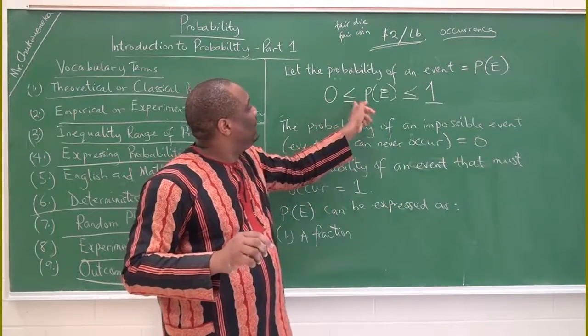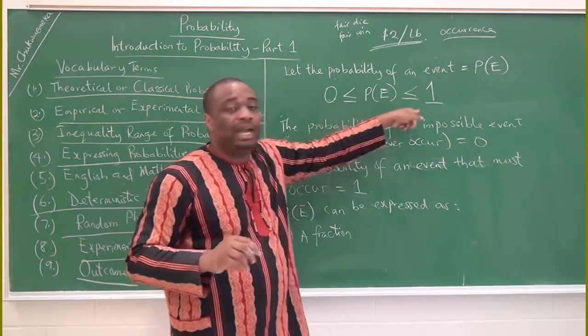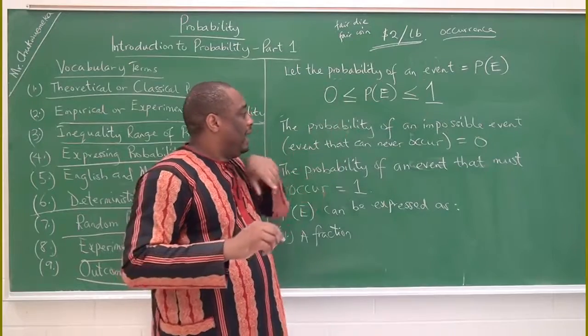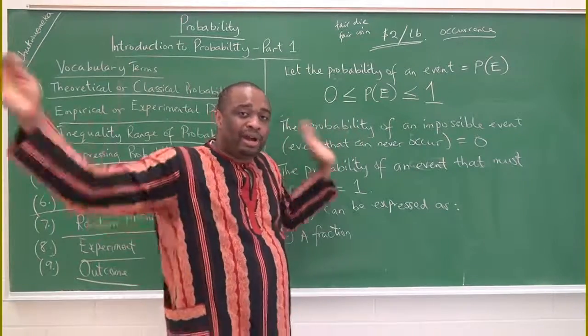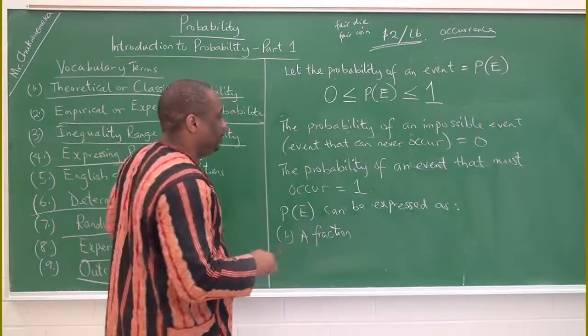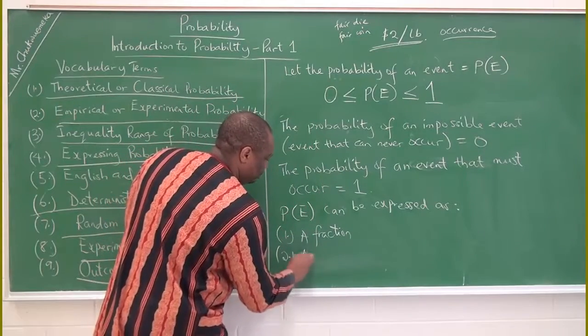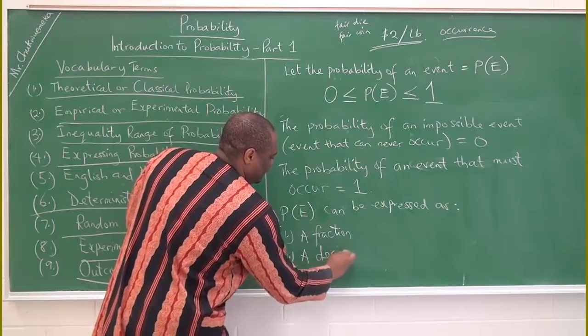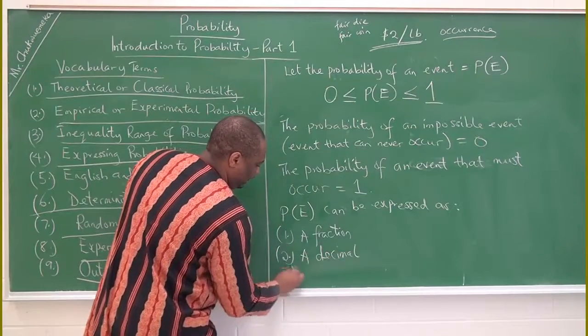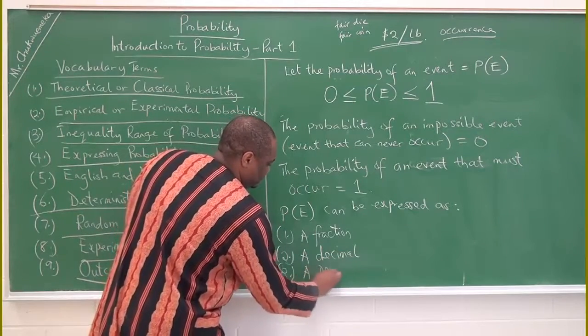Now, this inequality sign means that 0 and 1 are included. Remember, 0 and 1 are the two extremes, that's why. So it can be expressed as a fraction, as a decimal, or as a percentage.